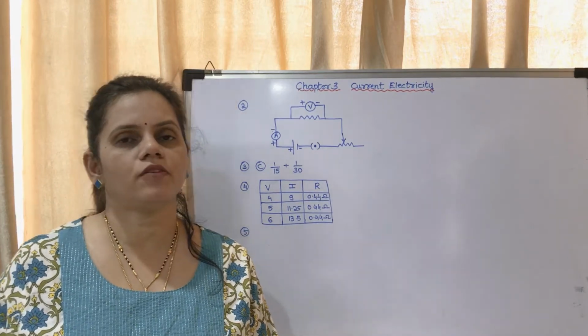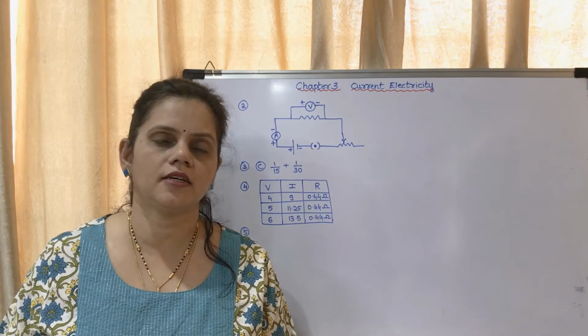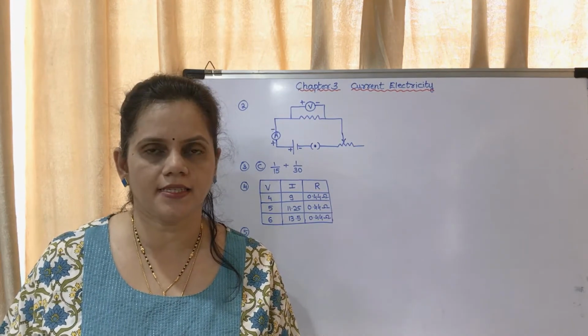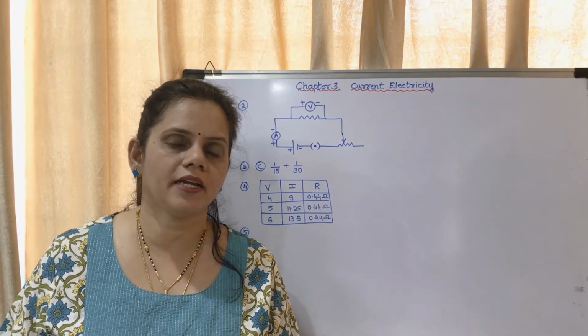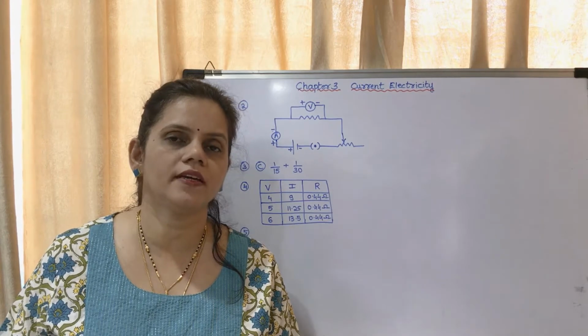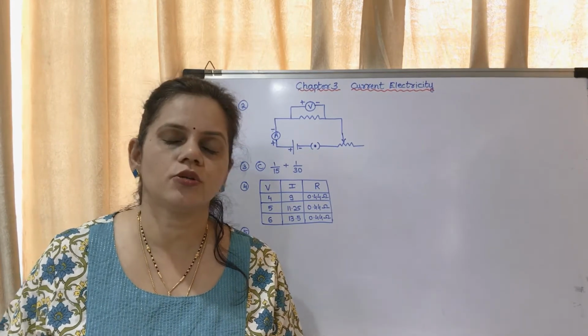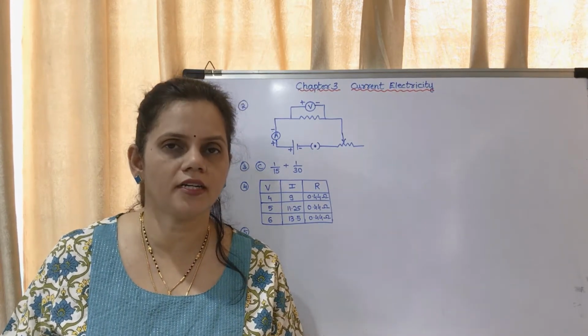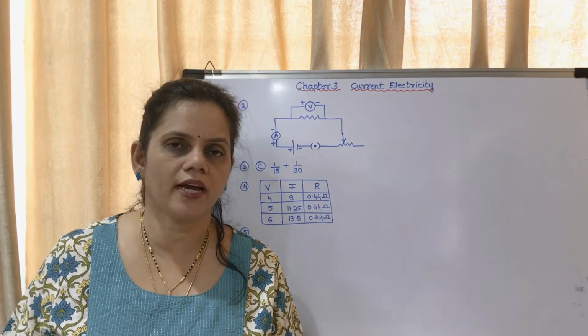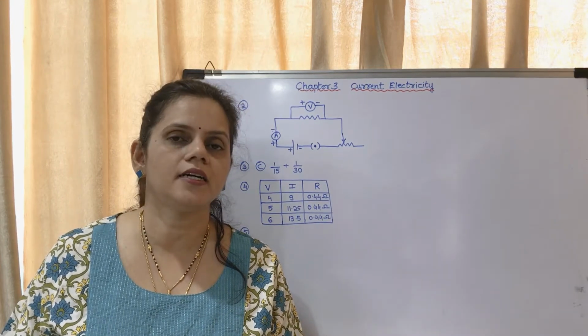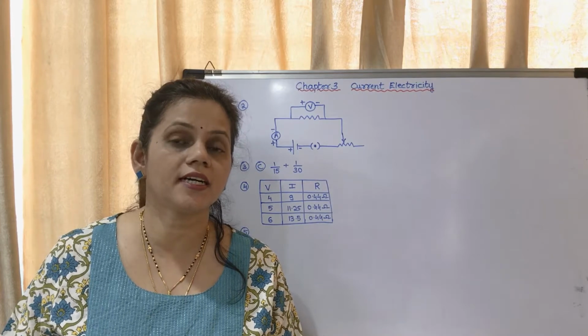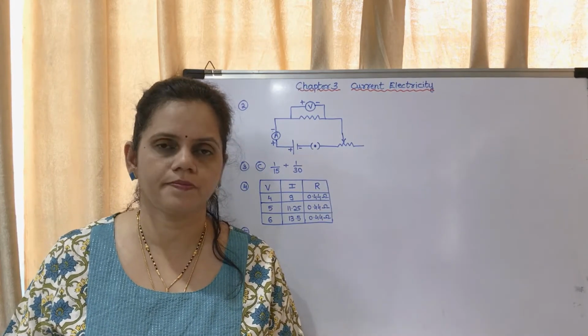What is the purpose of a fuse wire? It is to protect the domestic appliances. The fuse wire is basically made up of a wire which has a low melting point. So if an excess amount of current flows through the fuse wire, it will melt and switch off, and the circuit will be cut off.